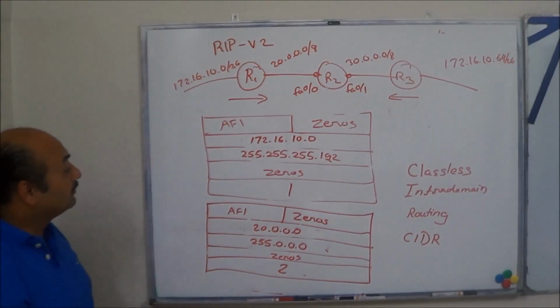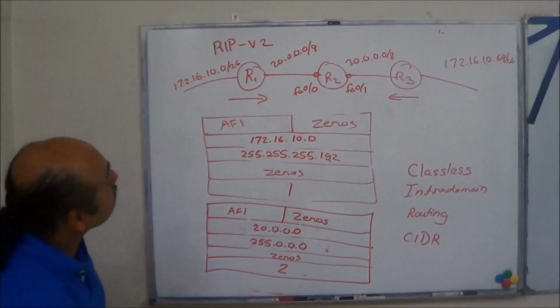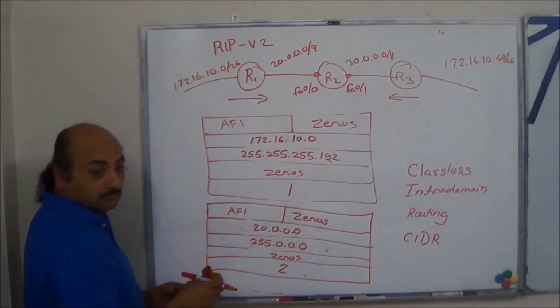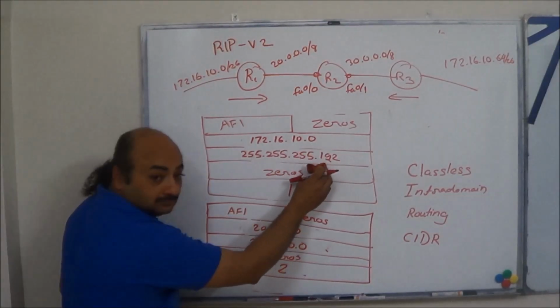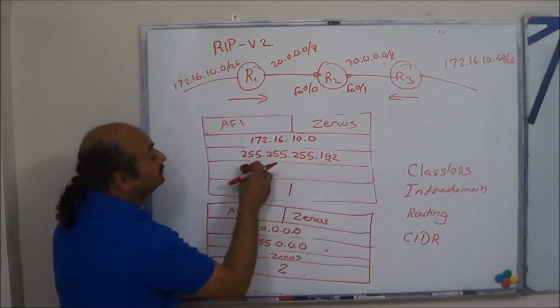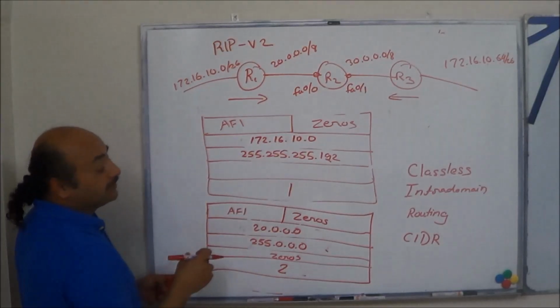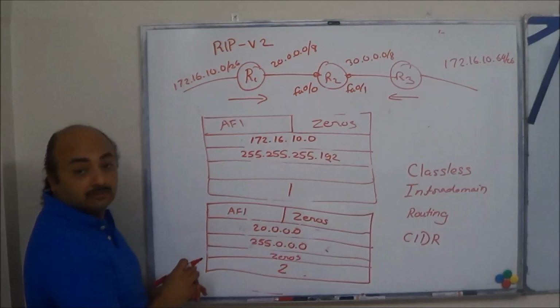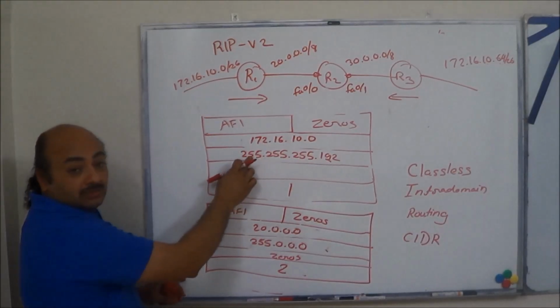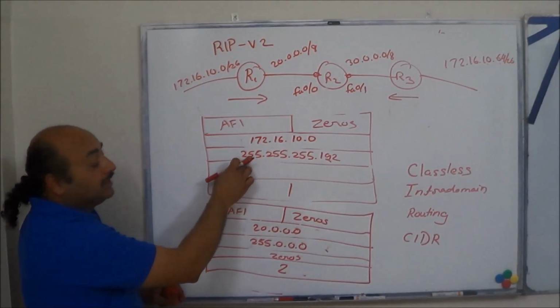Next property that will come is what? So we are in RIP version 2, we are taking another field. Previously this was zeros, so we covered this field.